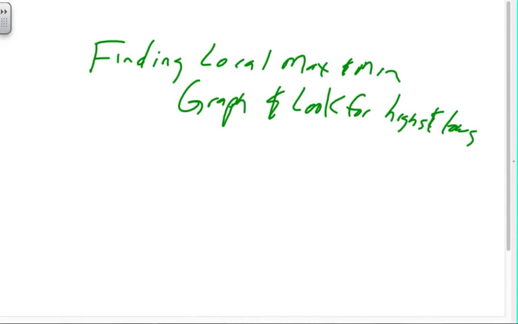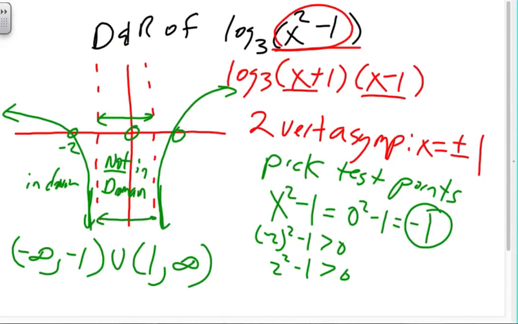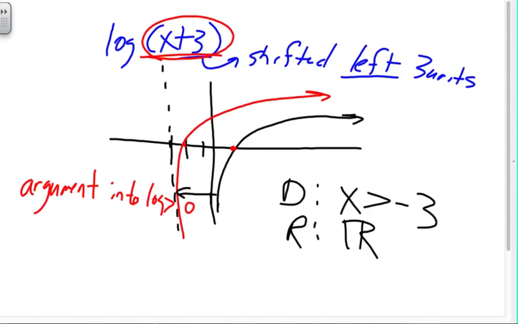Let's come back in and take a look at this guy. We've got our graph. You'll notice on this one we don't have either a maximum or a minimum anywhere in here. There's no maximum or minimum here or here. Again, the same idea here. We have no local maximum or minimum on our base guy. So graph and take a look and see if there are any bumps.